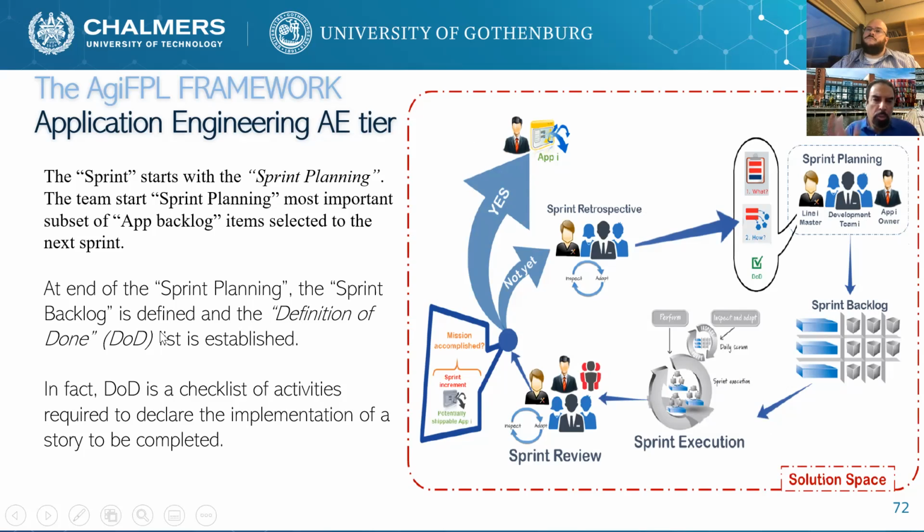So this is showing you a complete implementation cycle, how it is done in the industry using the Agile FPL. And the Agile FPL is giving you a way to implement the principles and the practices of Scrumban into product line development. That's the general summary of that.